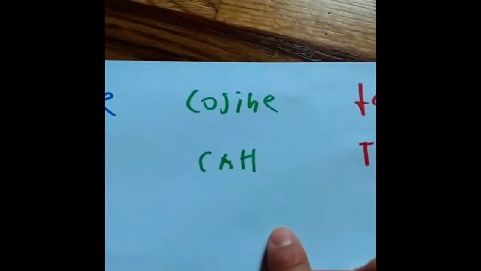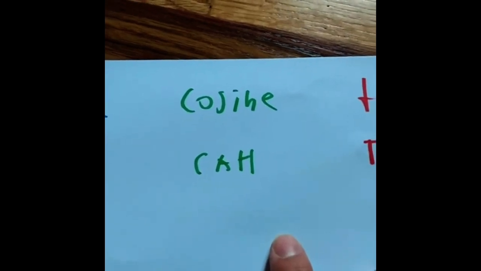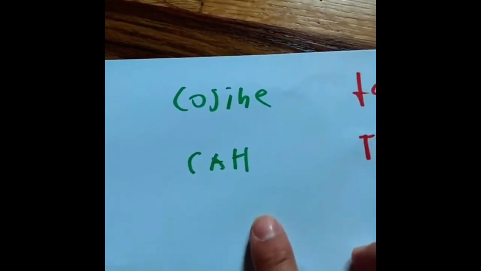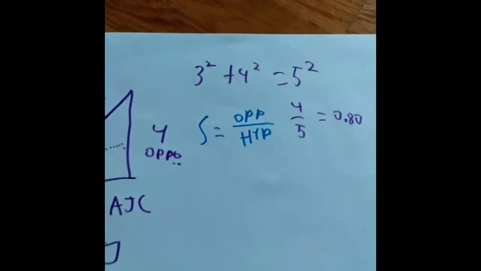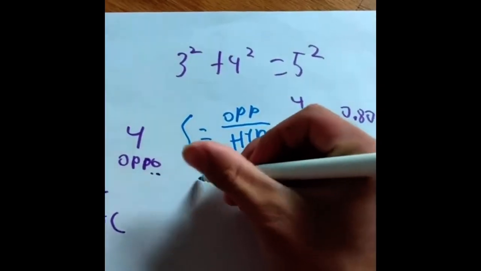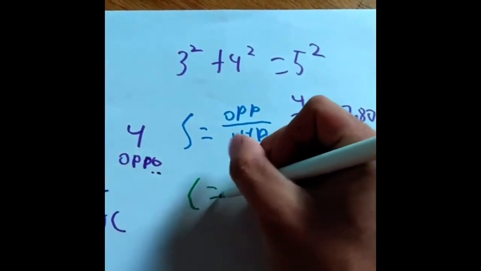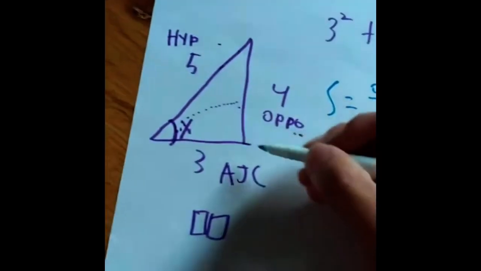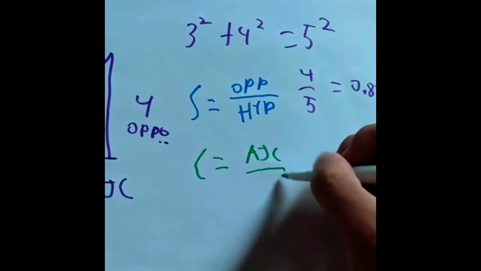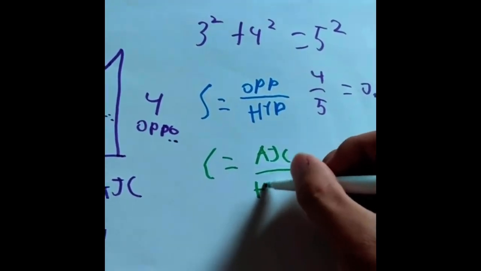Now let's move on to cosine. Cosine is just like sine, but what we're trying to find is a bit different. The formula for cosine is the cosine is going to equal the adjacent, which is the bottom length, divided by the hypotenuse.